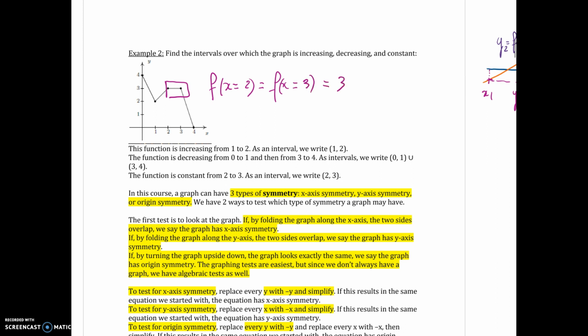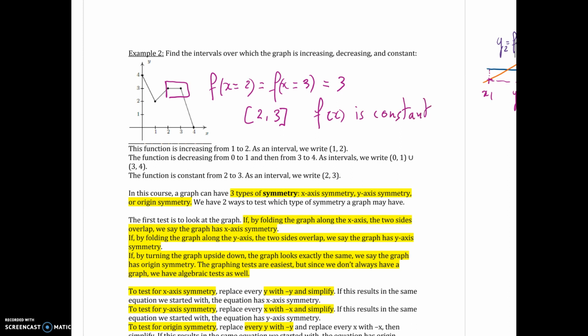No matter which value of x, f does not change, meaning that you have a constant function. And so we say that on the interval 2, 3 with brackets because I have solid dots, f of x is constant.